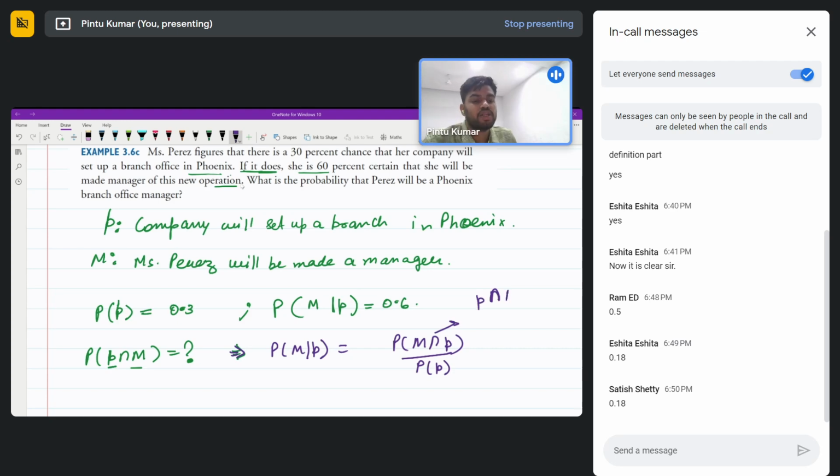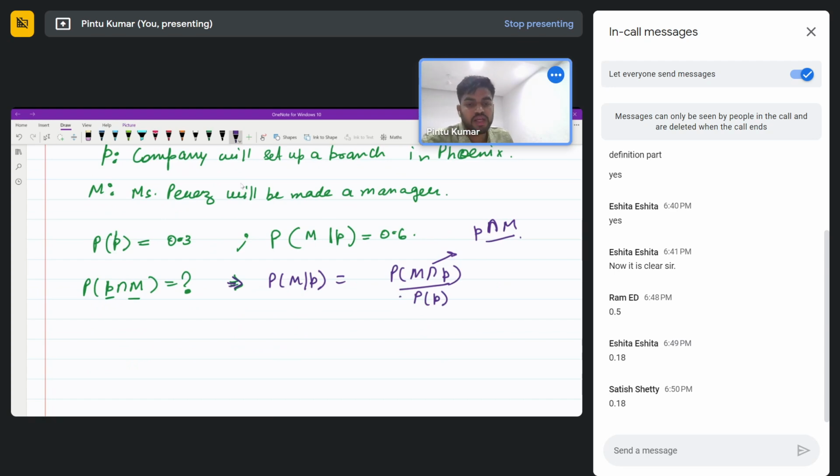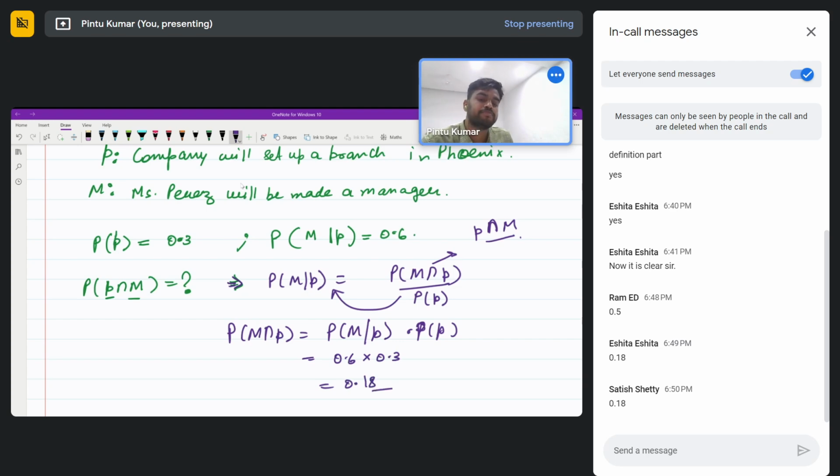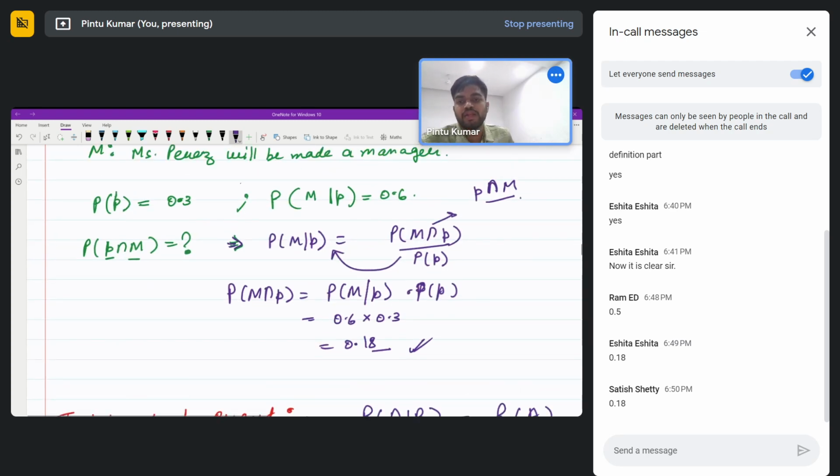So P intersection M and M intersection P are one and the same thing. If you take this denominator to the left hand side, what you obtain is that the probability of M intersection P is the probability of M given P times the probability of P, right? You are given both these quantities. So this is 0.6 and this is 0.3. So you obtain 0.18. So 0.18 is the correct answer for this. Any doubt in this question?